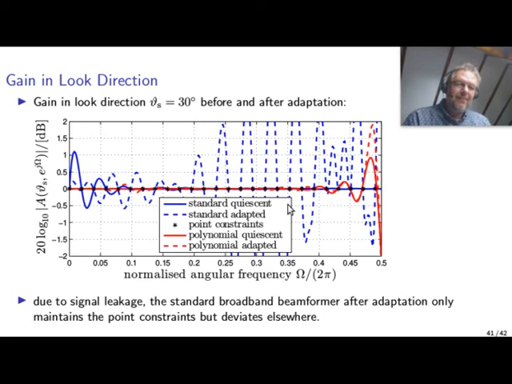The black stars in this response are the places where we tie down the response using point constraints in the Fourier domain. So these constraints are satisfied, but we get oscillations in between, and we don't have a particularly flat response with respect to our signal of interest.